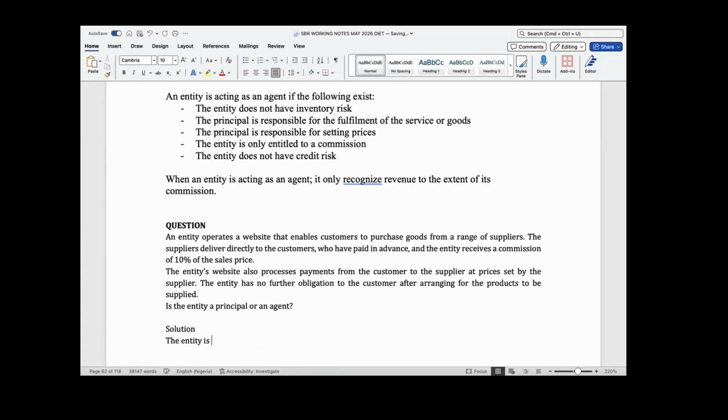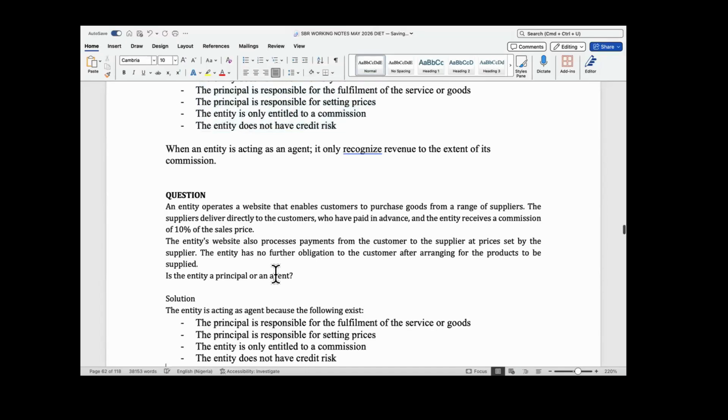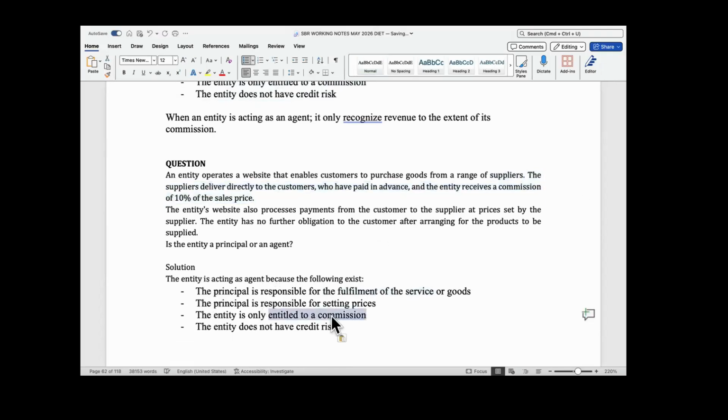The entity is acting as an agent because all of the indicators that I've mentioned here are present. We're told that the supplier delivers directly to the customer, so he's responsible for the fulfillment of the goods. The entity is only entitled to commission.